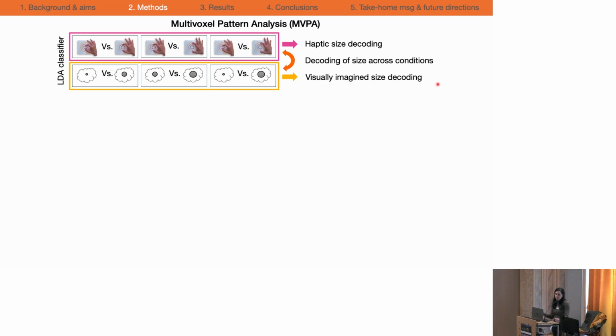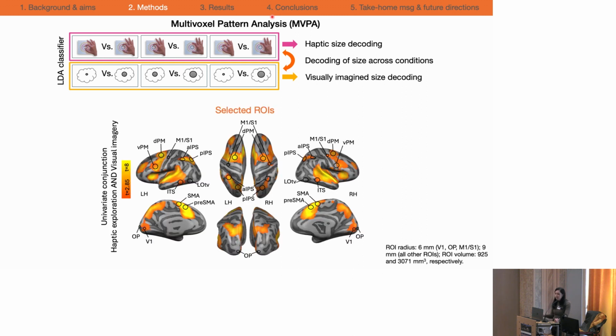To also test for abstract representations of size, we used cross-decoding. So we trained the classifier to discriminate between size pairs in one task modality, and then tested it on the other task modality, and also vice versa. We specifically applied MVPA to a set of regions of interest that you can see displayed here.